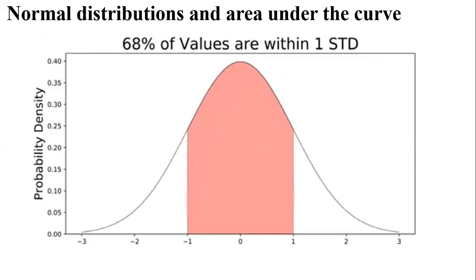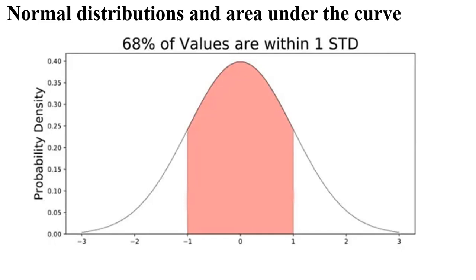Now, when you move 1 standard deviation to the right, then 1 standard deviation to the left, that is -1, and on the right you have 1. That area of the normal distribution curve is always 68%.